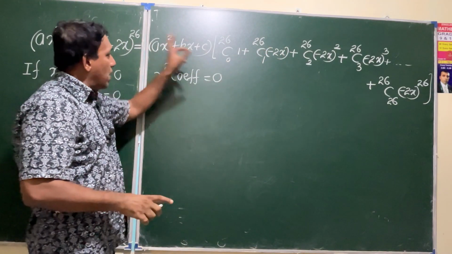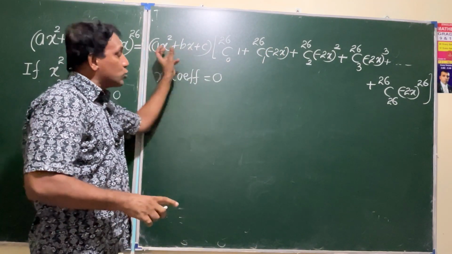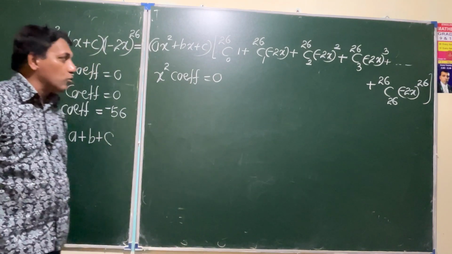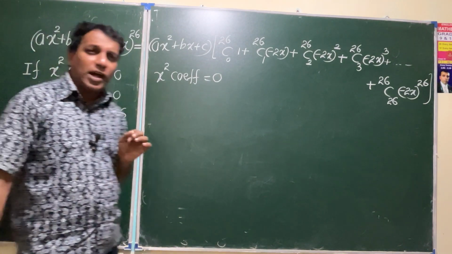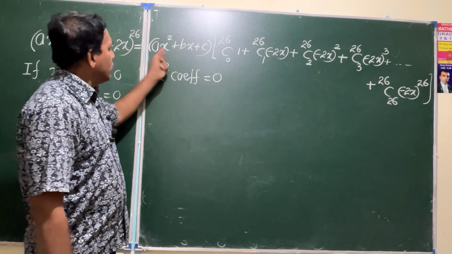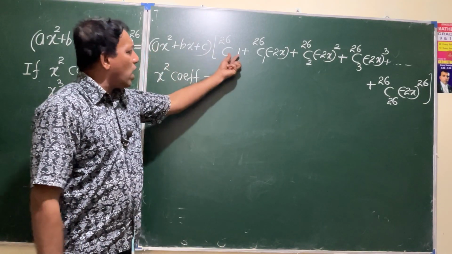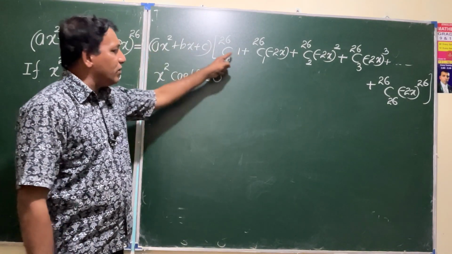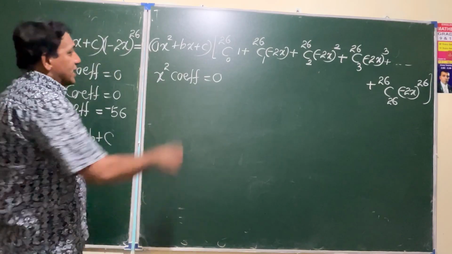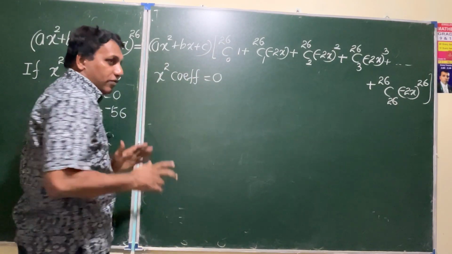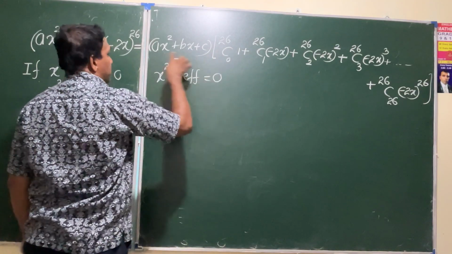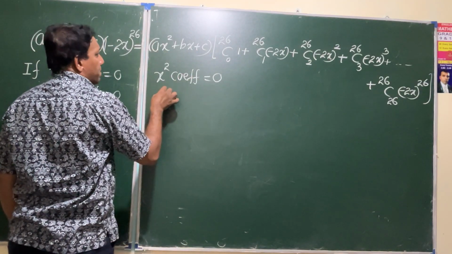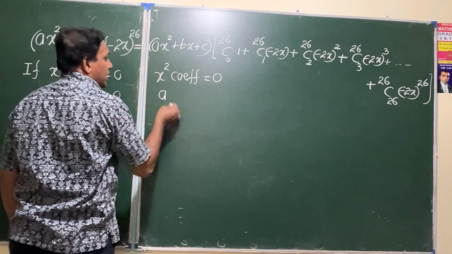Every part multiplied by this together becomes a long work, right? So we should find what the x² coefficient is. If you multiply this into this one, therefore we have coefficient 1. The x² coefficient: coefficient means number, constant terms, right? That's why I put c. So what is the answer here? A. Okay.